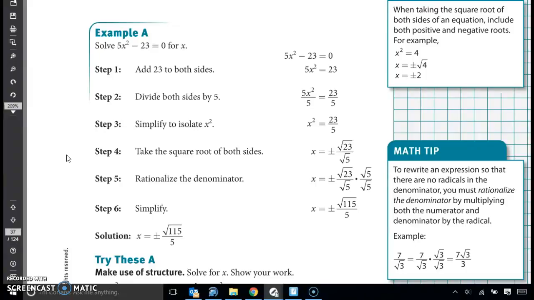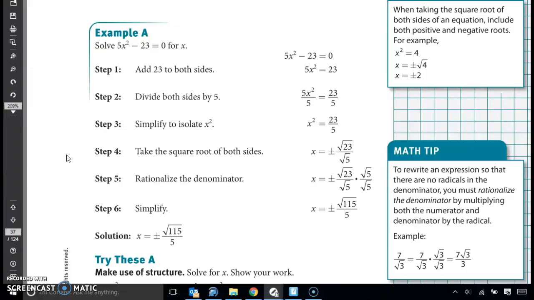So in this case, x equals plus or minus the square root of 115 divided by 5. Can you simplify that? I don't think so, because 23 is prime and 5 is prime. This isn't in a square root.